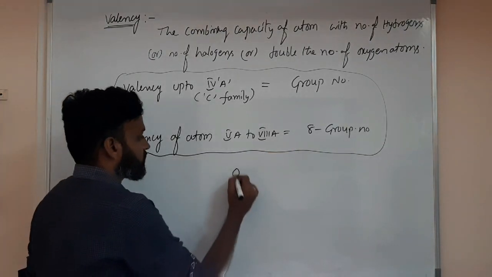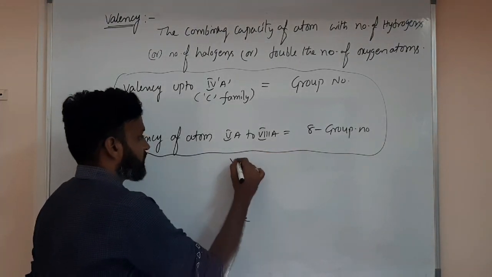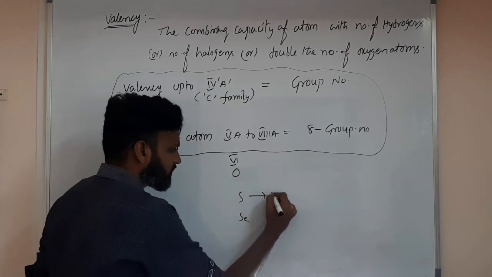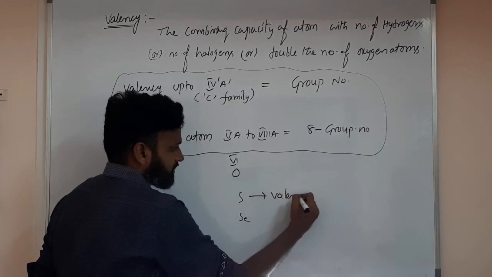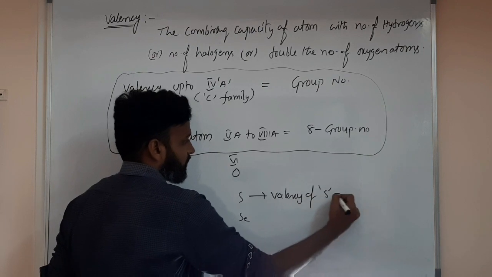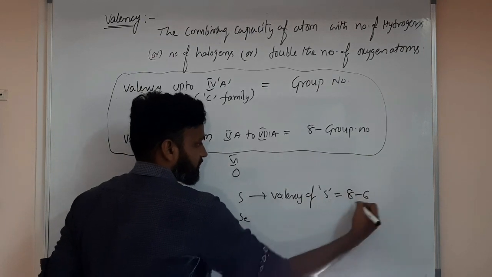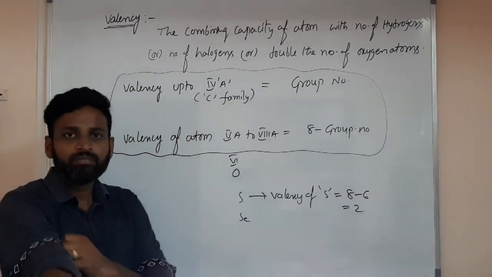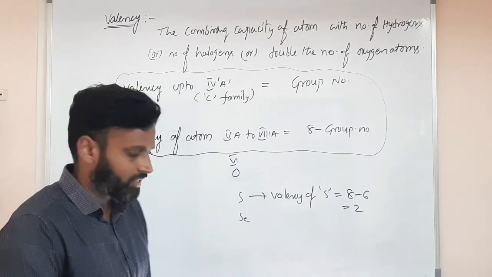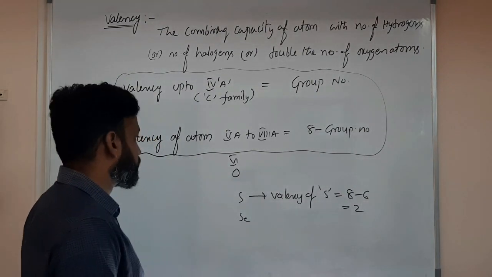Sulfur belongs to what? Oxygen, sulfur, selenium. It is a 6A group. So what is the valency of sulfur in general? 8 minus 6, that means 2 valence. Understand? So this is very, very important for us.